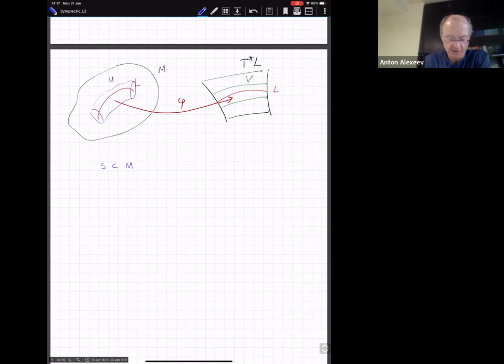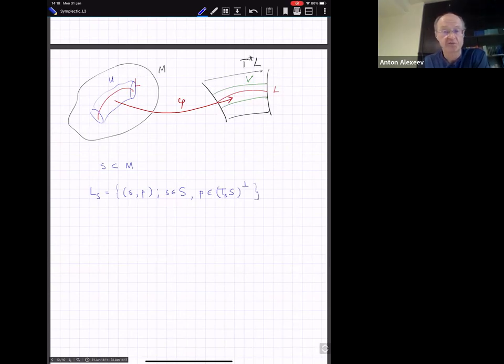Now I'm taking points which are of the form (s, p), where s is in S and p is in the conormal space of S. You have the tangent space to S and you take the orthogonal of that tangent space.